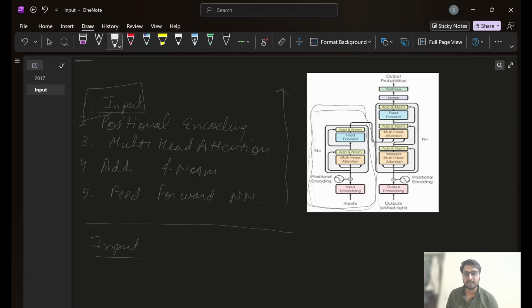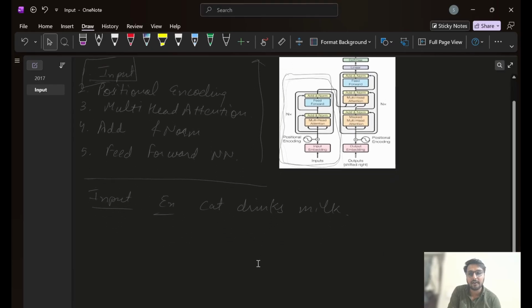Okay, so let's take an example: cat drinks milk. I want to make everyone comfortable with the concept of how we can convert words into numbers.